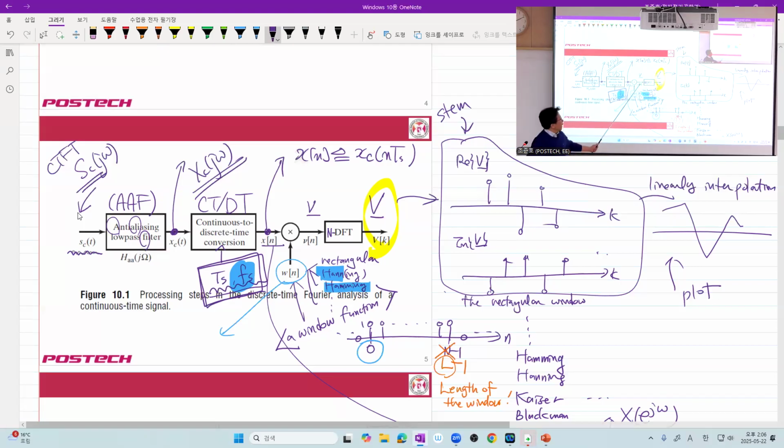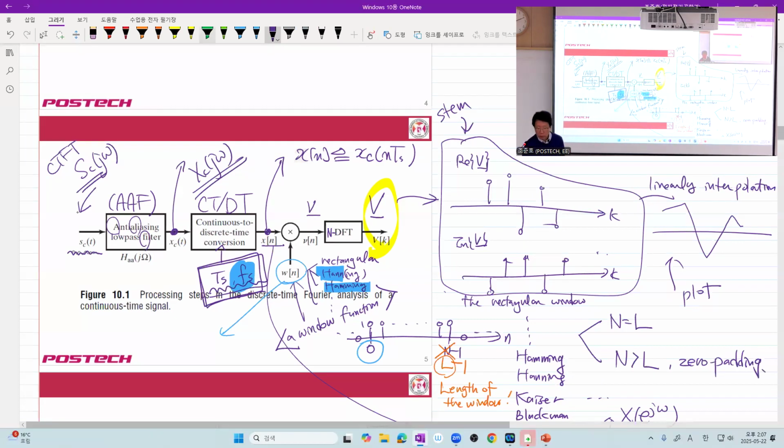Of course, N could be smaller than L or larger than L, but we usually consider two cases only: N equals L or N greater than L. In that case, since only L of the terms can be non-zero, it's similar to appending a 0 vector to the length L vector to make the overall vector of length N. So in this case, we assume zero padding.